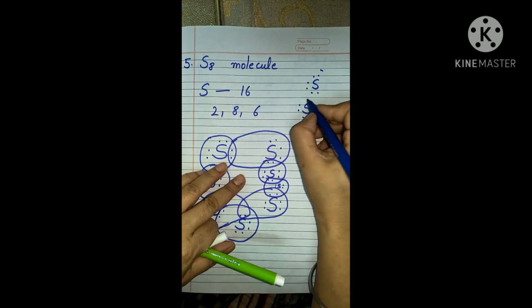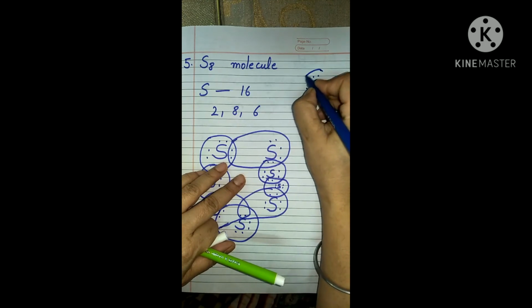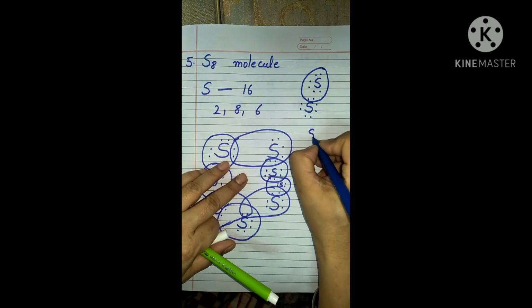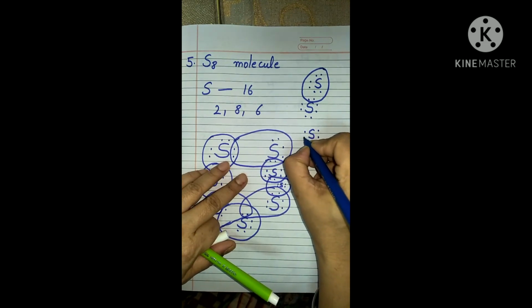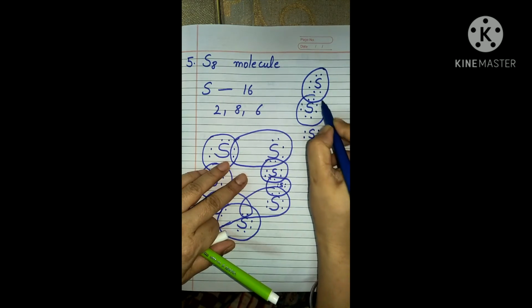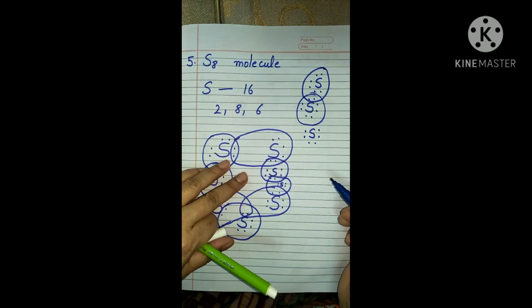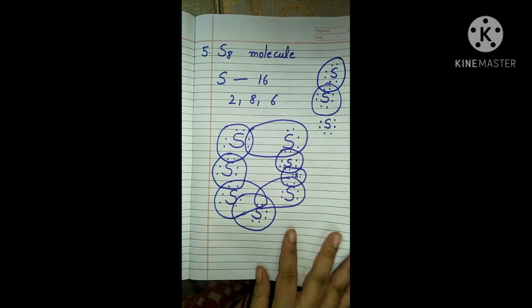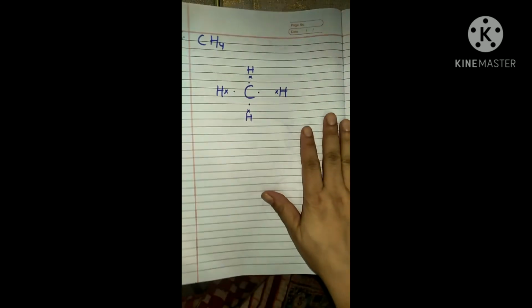So I should write 6 here this way, and that makes 8. Then come to the next, 1, 2, 3, 4, 5, 6, and again 1, 2, 3, 4, 5, 6. And this way the structure will go on. You can try this. This is also a good example.